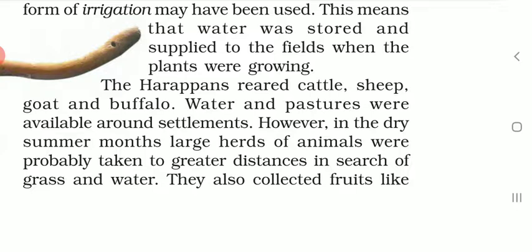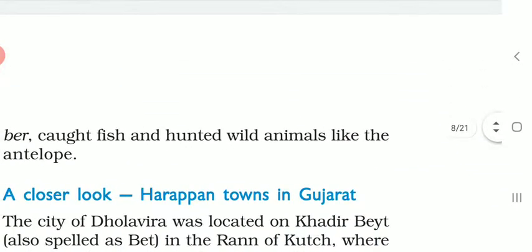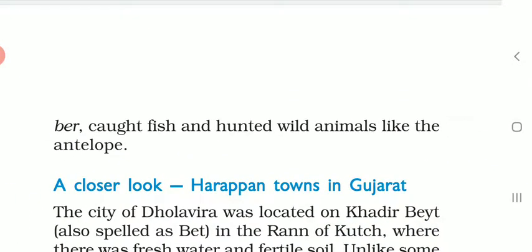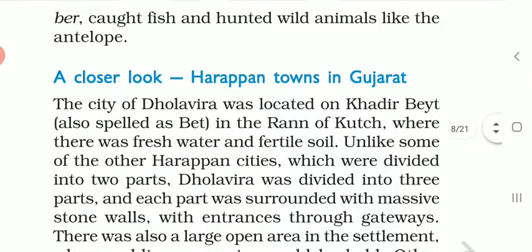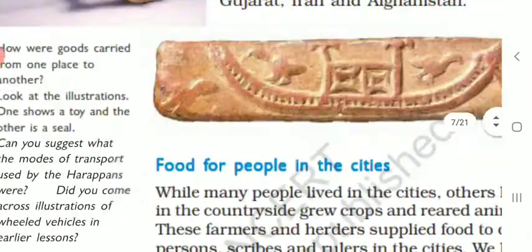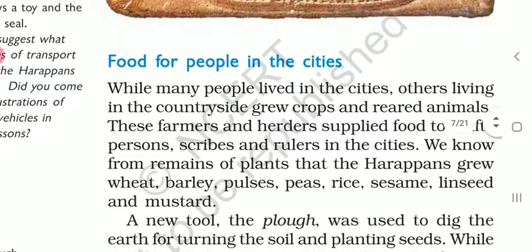Obviously, it was for grass and water, as the water in the summer season was getting dried up. Water and fodder, all the things. They were also collecting different kinds of fruits, like ber, catching fish, and hunting animals like the antelope. So they did these things for their food.